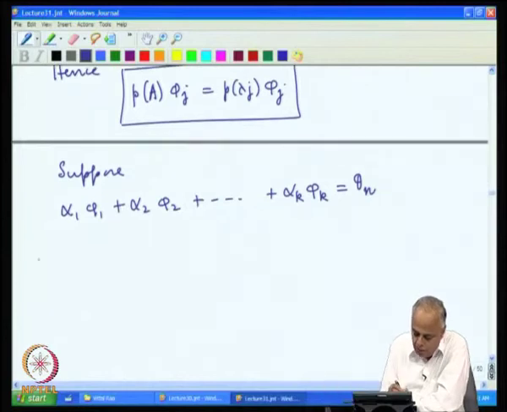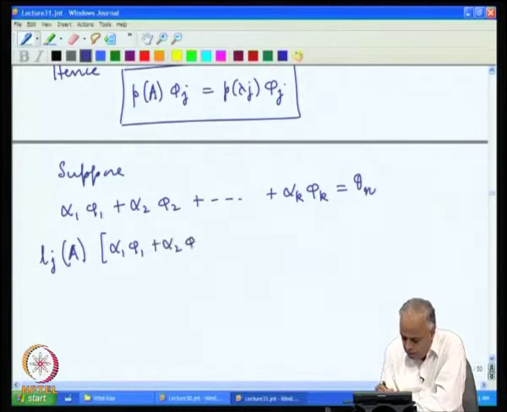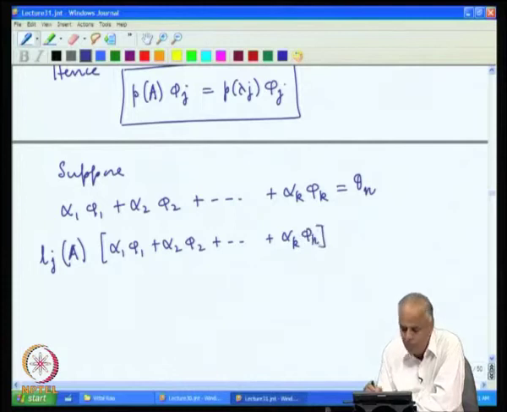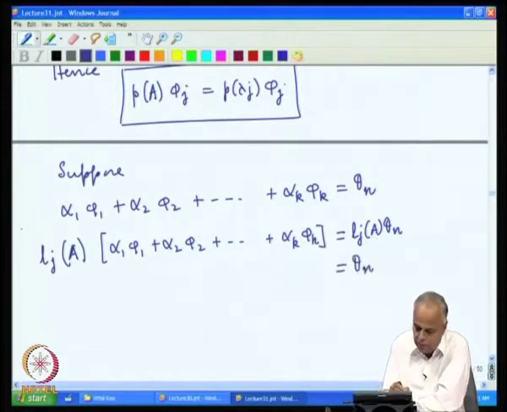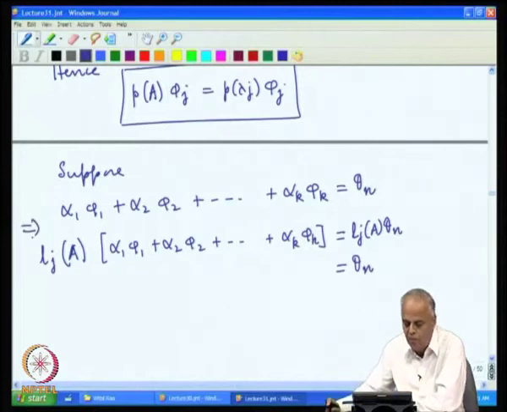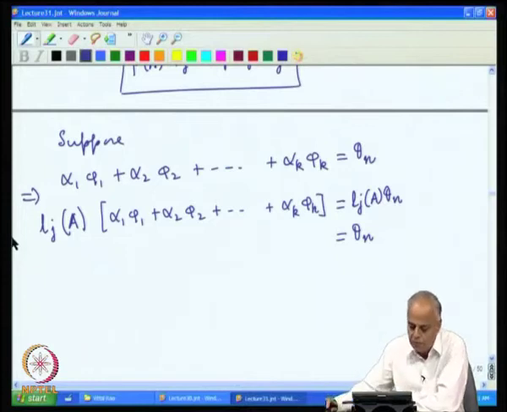Now, what we do is we multiply both sides by the matrix Lj A, where Lj is the jth Lagrange interpolation polynomial. Now, that will be Lj A into theta n, but any matrix multiplying the 0 vector gives the 0 vector. So, if alpha 1 phi 1, alpha 2 phi 2, alpha k phi k sum is 0, then Lj A of this must be 0.